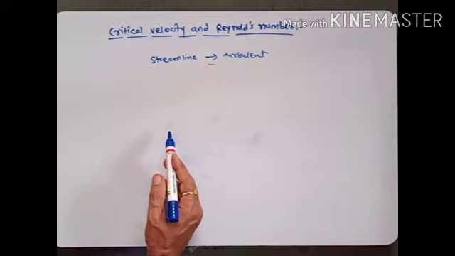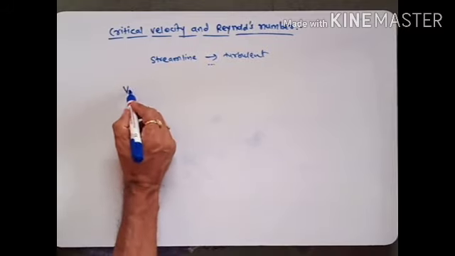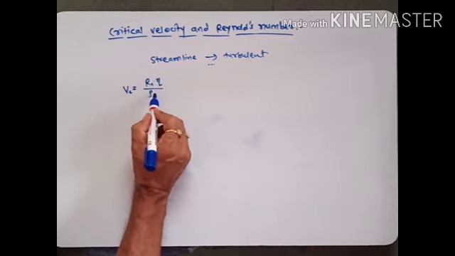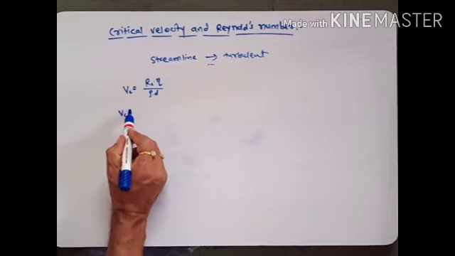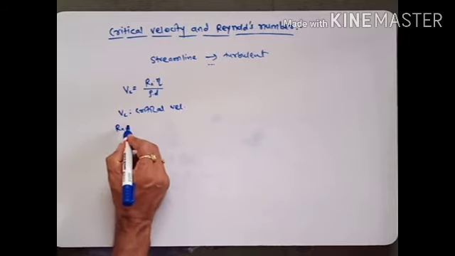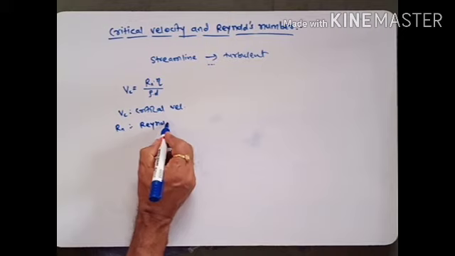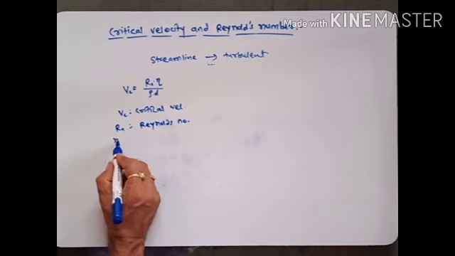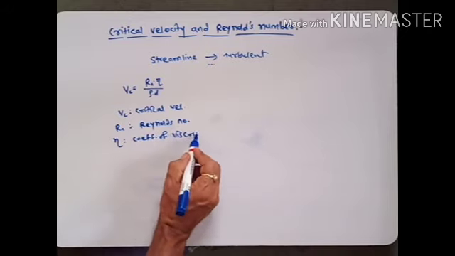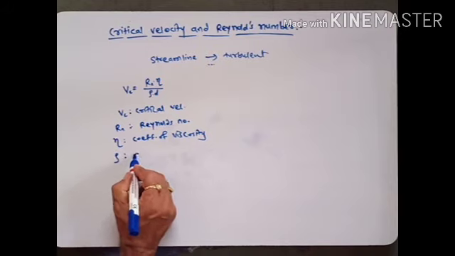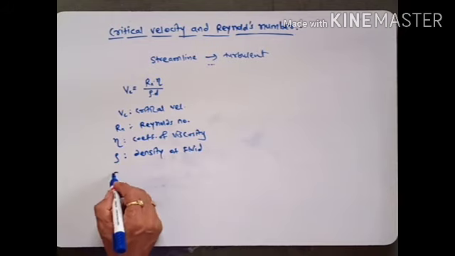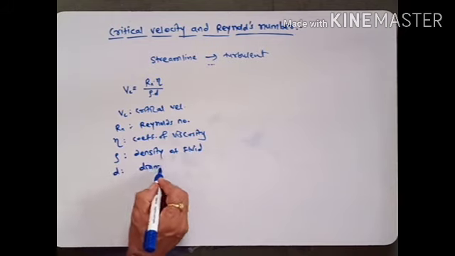According to Reynolds, critical velocity is given by Vc = Rn eta / (rho d), where Vc is critical velocity, Rn is Reynolds number, eta is the coefficient of viscosity, rho is the density of fluid, and d is the diameter of the tube.